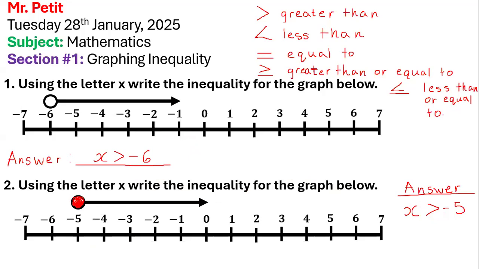So if it was bubbled in, X is greater than or equal to -5. But because it's not bubbled in, we do not include the 5. We do not put this line at the bottom. It's just going to be X is strictly greater than -5.